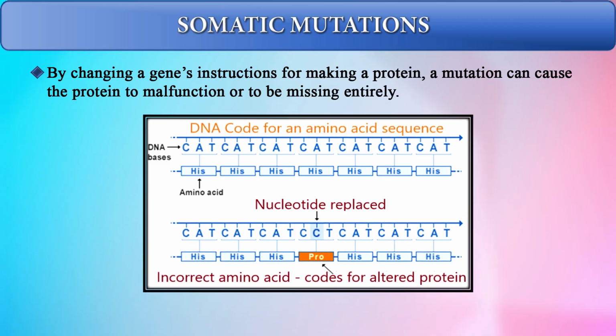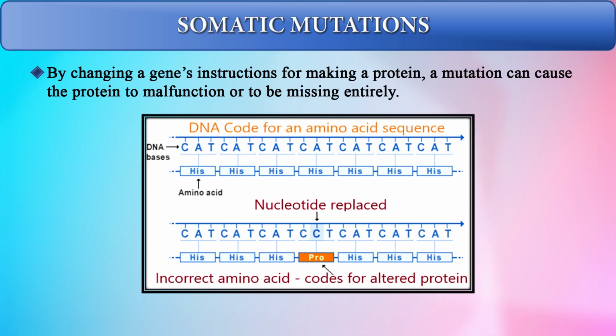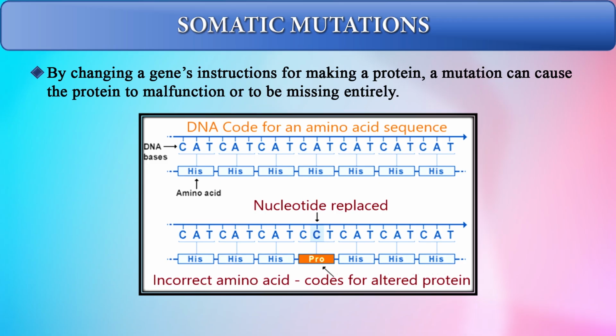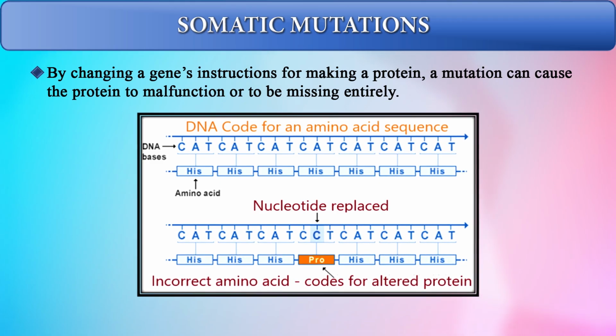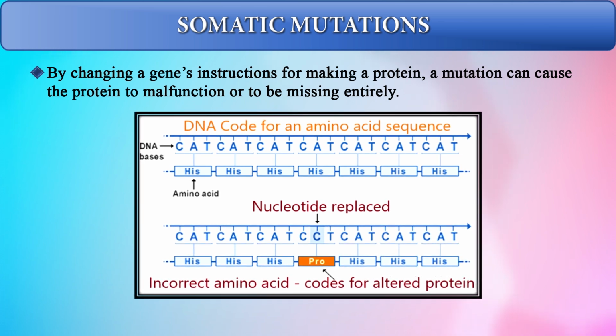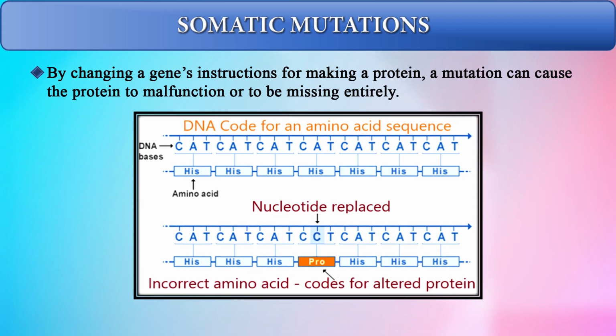And when the nucleotide is replaced, now on the top we had CAT, and here you find the sequence being interrupted, and a different nucleotide is replaced, that is the adenine A is replaced with C, cytosine. So this will code entirely for a different protein. Therefore incorrect amino acids will be incorporated when the coding is altered, and the altered protein will actually code for a different amino acid.